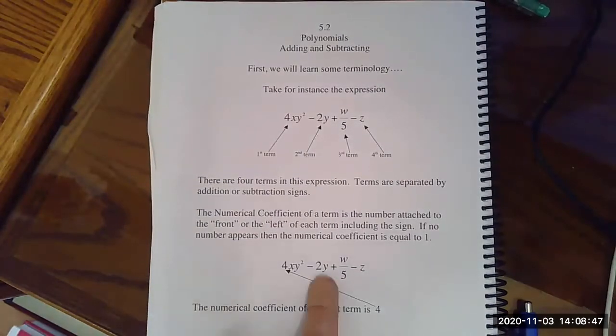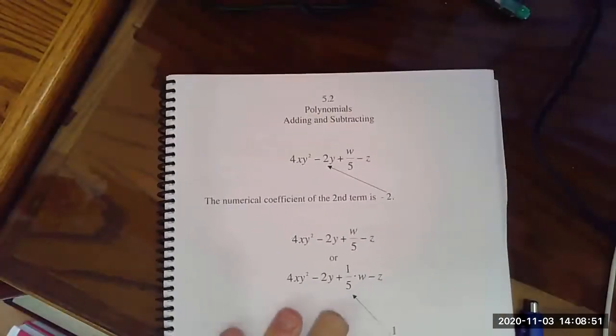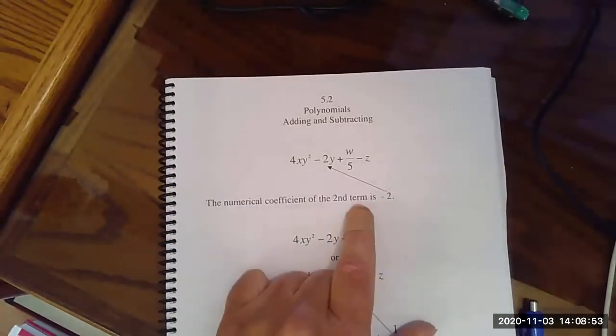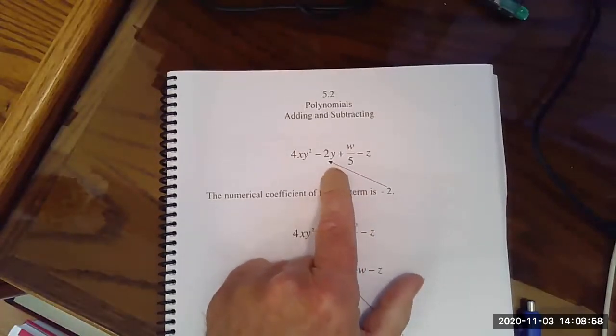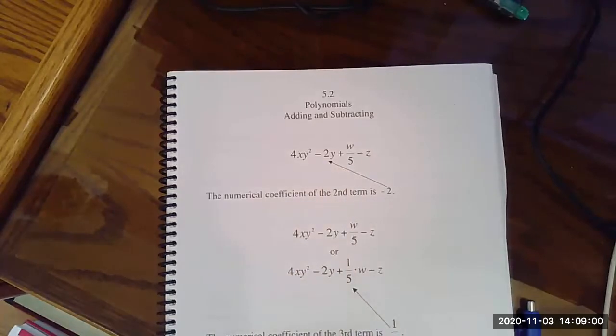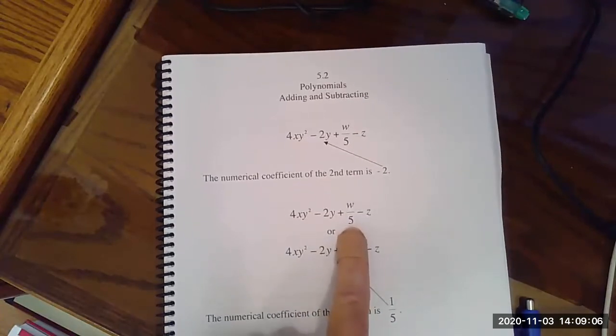And the next term, which is negative 2y, the numerical coefficient is not just the 2, it's also the negative. So negative 2. The third term right here. Now you've got to be careful because I see a 5 in the denominator. So I rewrote it like this, 1/5.